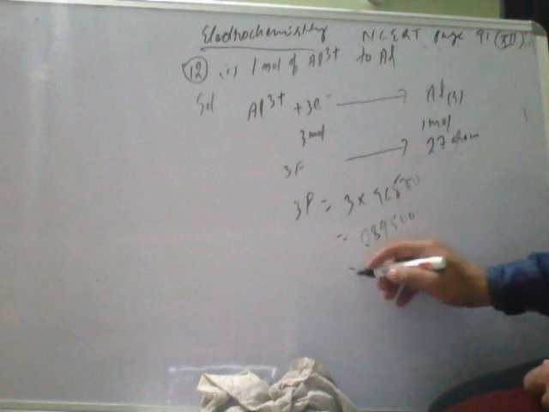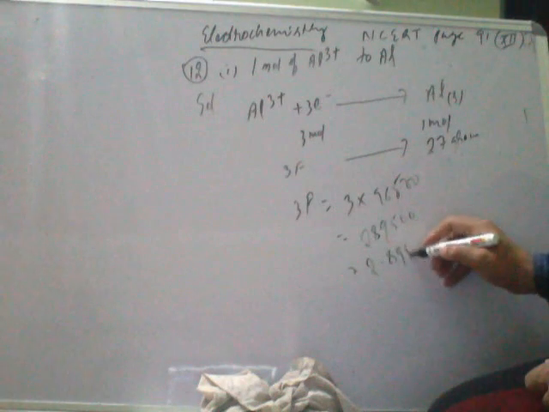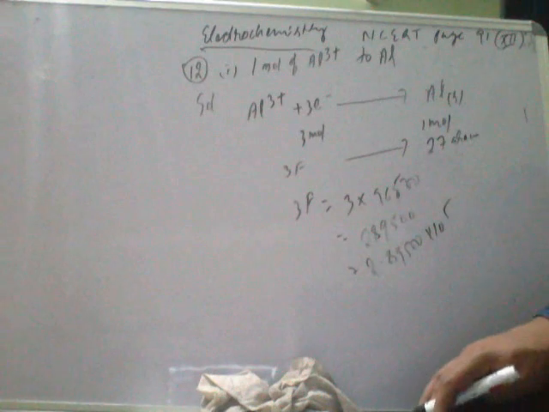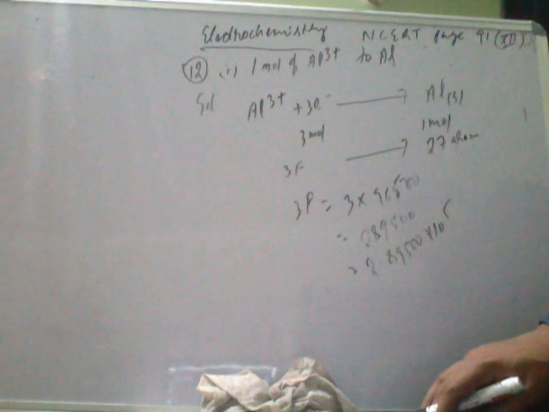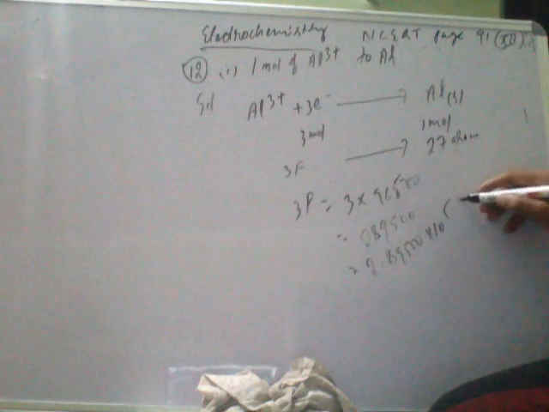In scientific notation, 2.895 multiplied by 10 to the power 5. This much electricity is required, in coulombs.